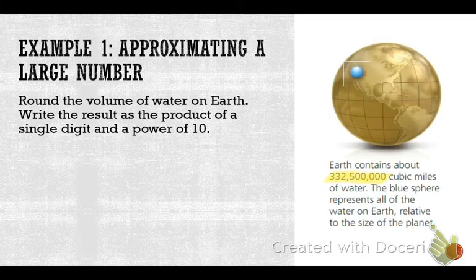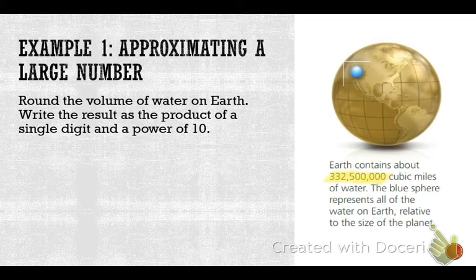Cubic miles. So that's length, width, height. That's a lot of water. Do you know how much of the Earth is covered in water? 75%. Very good. That's a lot of water. Would you agree that's a really big number? Yes, it's a pretty big number.